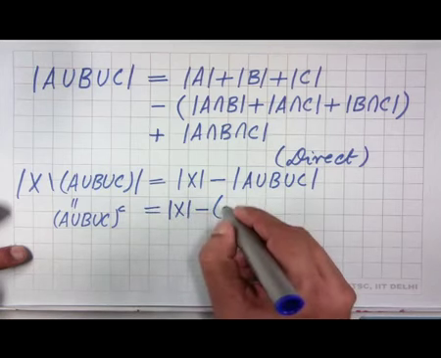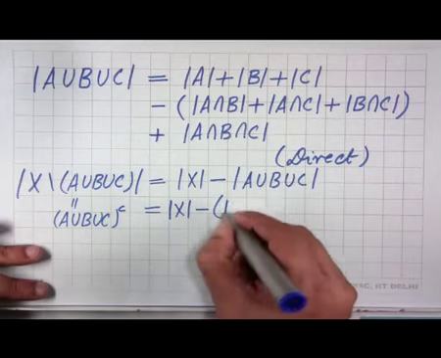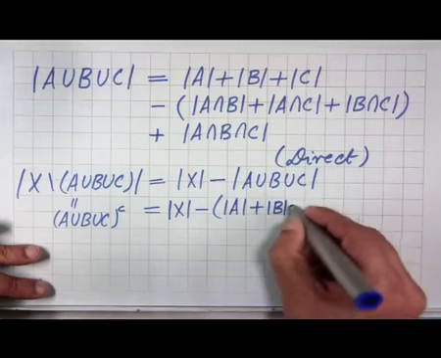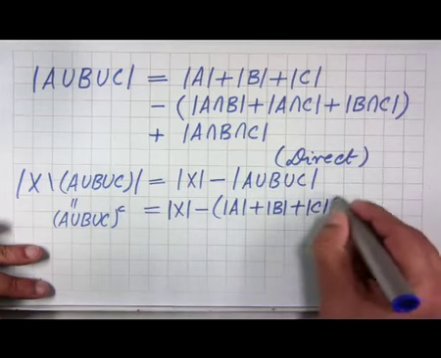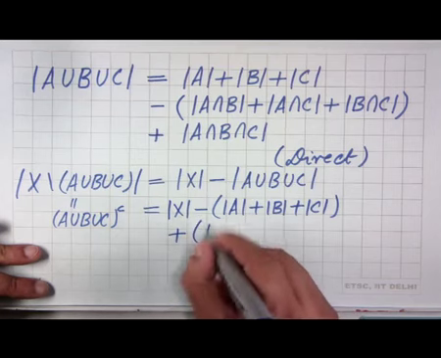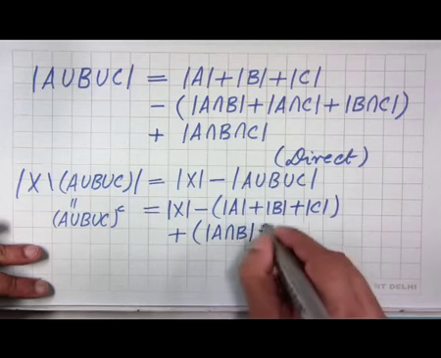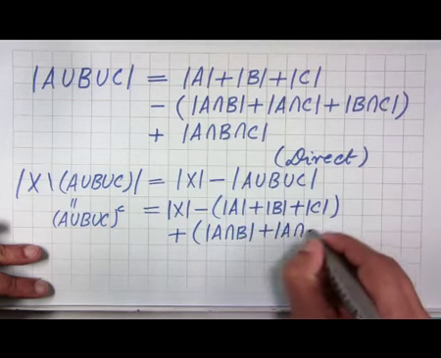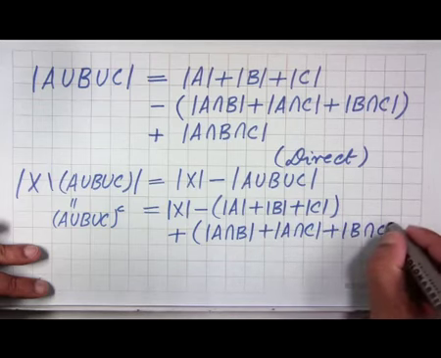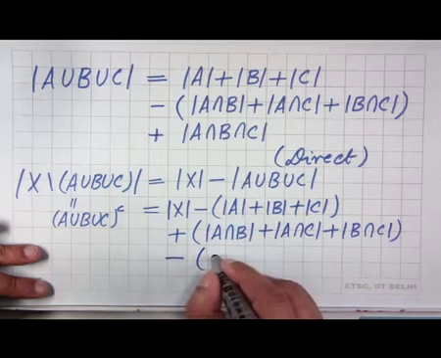So at the first level, I'm going to be subtracting from the size of X, or the number of elements in X, the 3 terms A, B, and C, and then I'm going to be adding the 3 terms taken 2 at a time, and finally I'm going to be subtracting the only term that I can get.